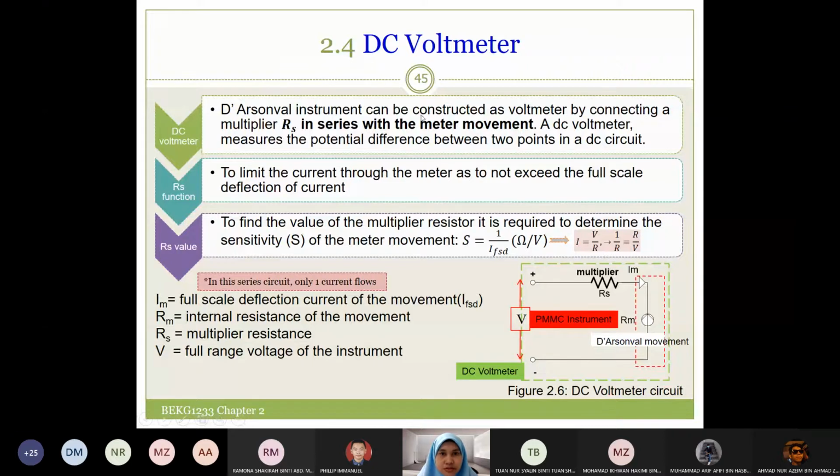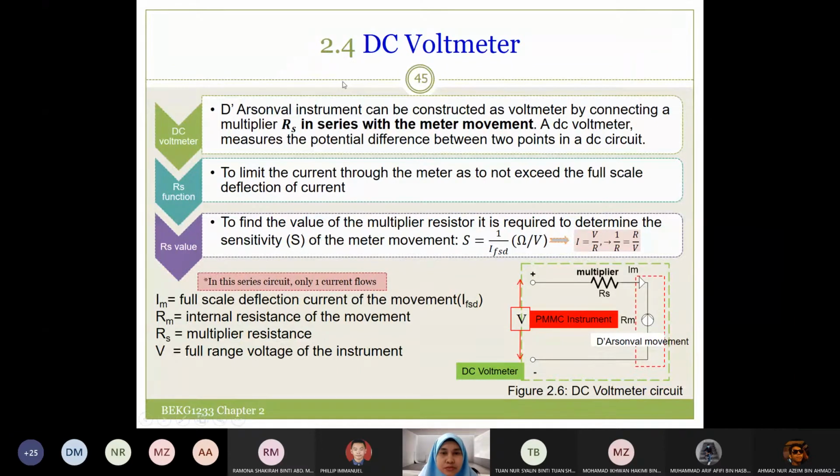The unsolver instrument can be constructed as a DC voltmeter by connecting a multiplier RS, or series resistor, with the meter movement. In ammeter construction, we put R shunt, a shunt resistor parallel to RM.